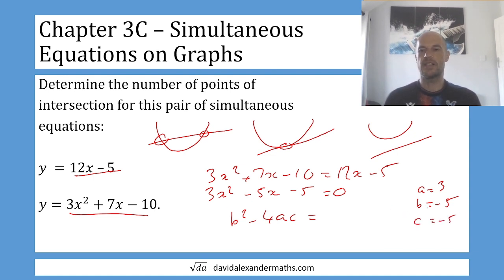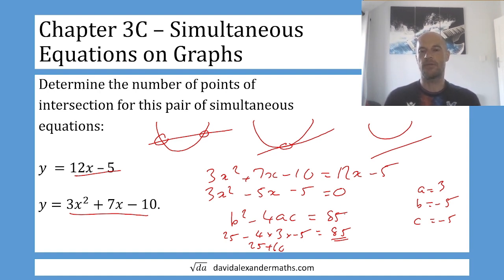So b squared is minus 5 squared, so 25 minus 4 times 3 times minus 5. 4 3s are 12. 12 times 5 is 60, so it's minus 60. 25 minus 60, so 25 plus 60, 85. So b squared minus 4ac, it's not important that it's really this number.